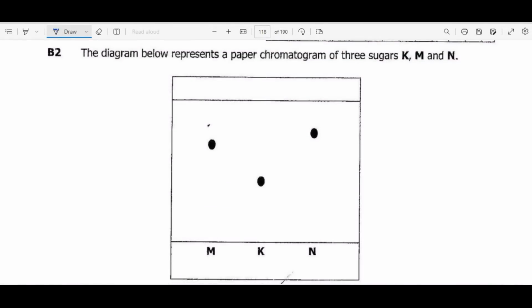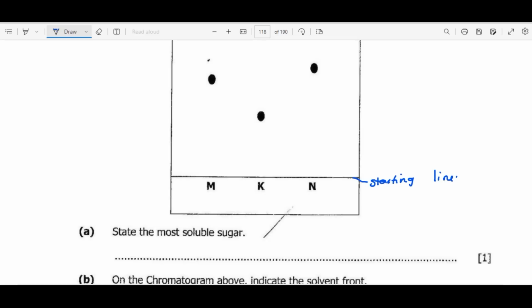The diagram below represents a paper chromatogram of 3 sugars K, M and N. Right, so this line is our starting line because it's where these components are starting from. Then state the most soluble sugar. So the most soluble is the one that has moved the greatest distance from the starting line.